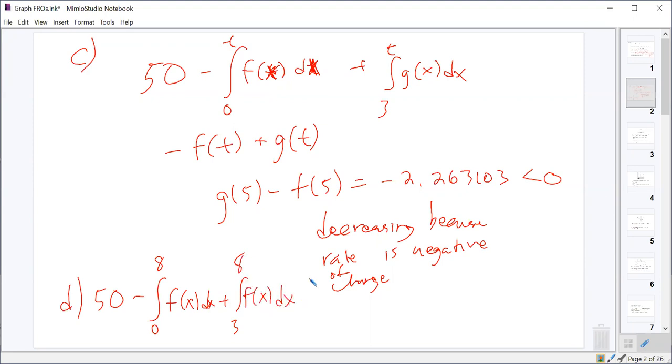So our integral is 50 minus the integral from 0 to 8 of f plus the integral from 3 to 8, oh, sorry, of g. I don't know why I wrote f again. Of g, and then get an answer. And it looks like that answer is 23.347 pounds of bananas.